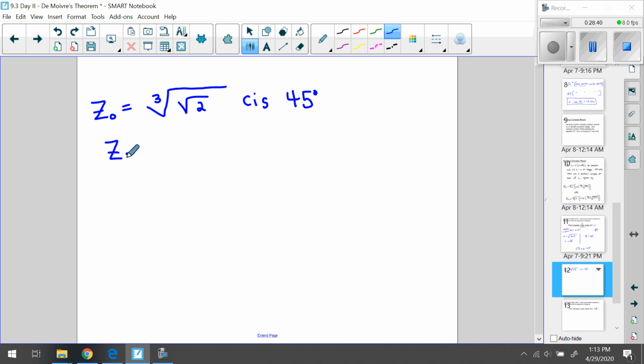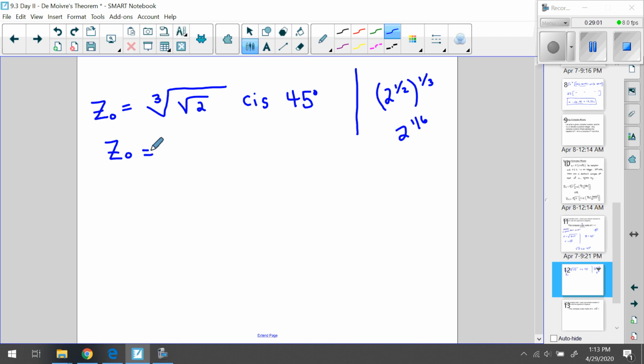And to clean this up just a little bit, do you guys remember writing square roots like 2 to the 1/2 power? So if we think of the square root of 2 as 2 to the 1/2, and the cubed root as the 1/3 power, then if we have a power to a power, we multiply. So couldn't we call this 2 to the 1/6 power?